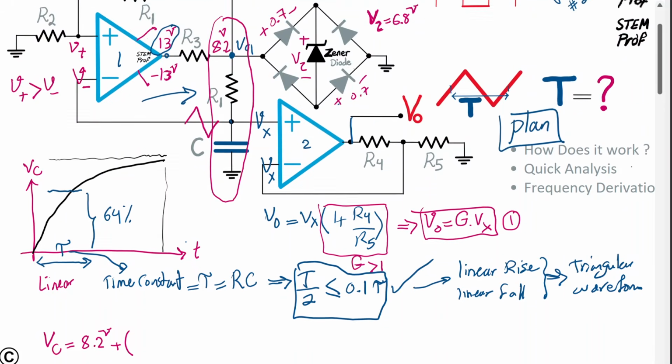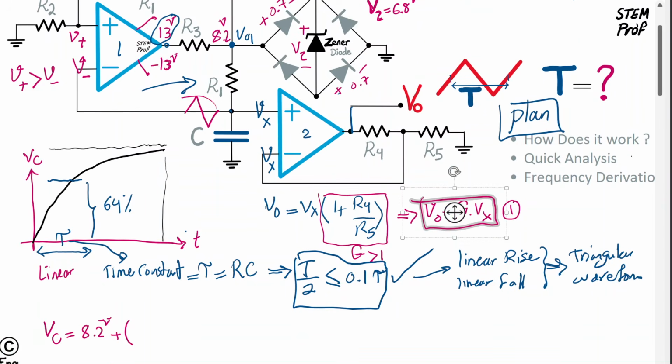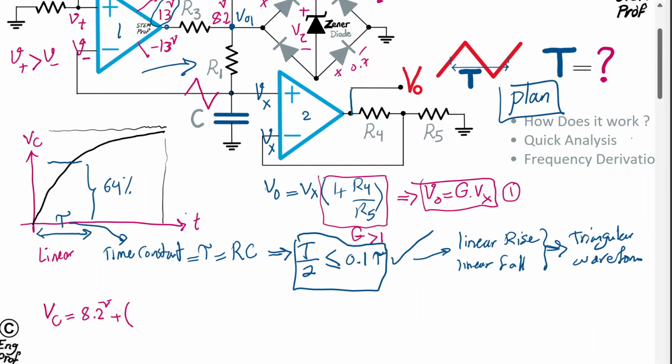If we take a look at the little circuit here, the second op-amp is basically just a simple non-inverting amplifier. Via R4 and R5, a smaller version of the output triangle appears here, as I discussed earlier, and then we have V out related to Vx.